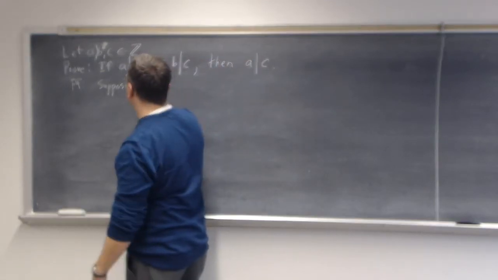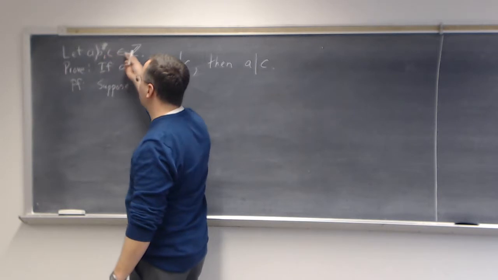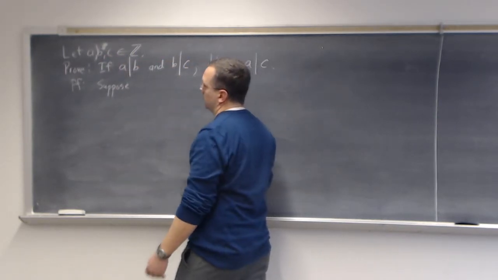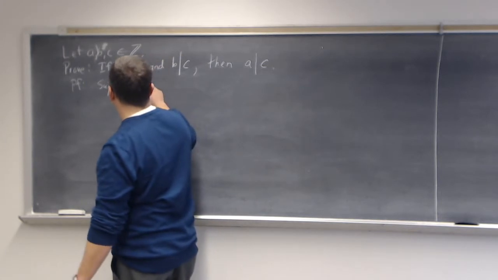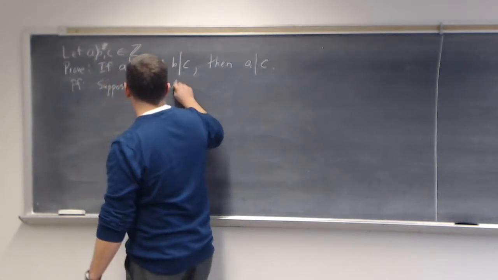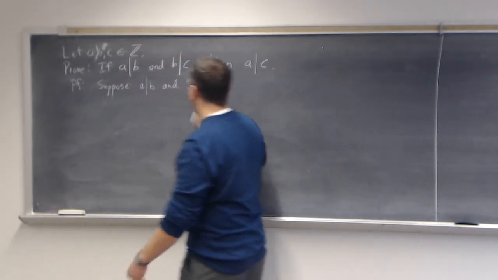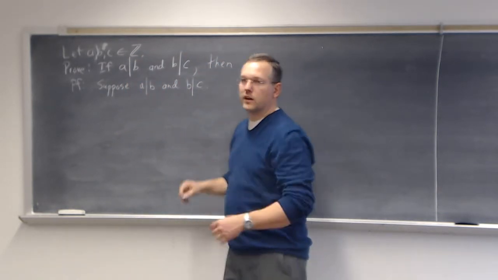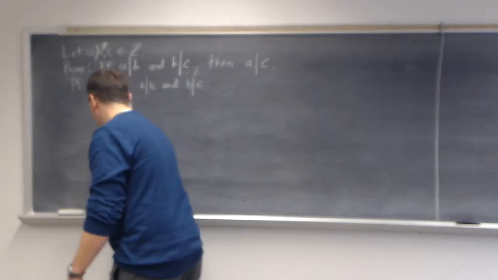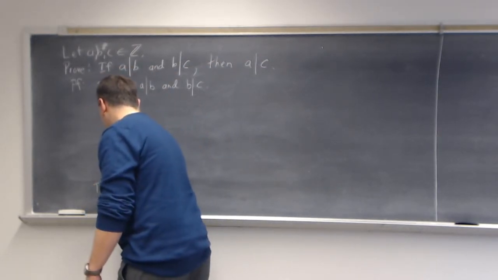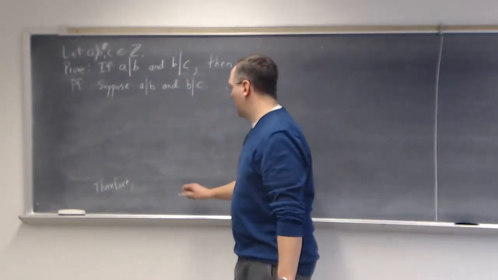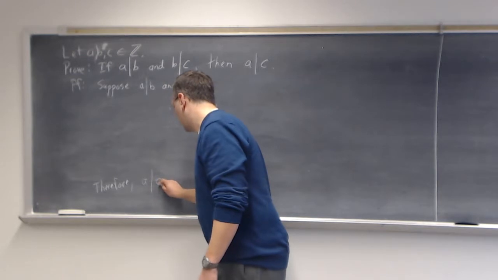So you could say, suppose A, B, and C are integers, and A divides B and B divides C. But let's just say, suppose A divides B and B divides C. Okay, so it's clear from the context we're only talking about integers. All right. So the last statement of our proof will look like, therefore, A divides C.